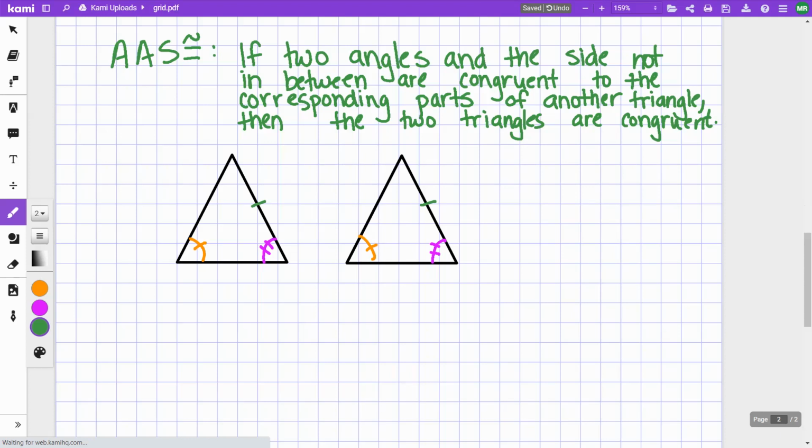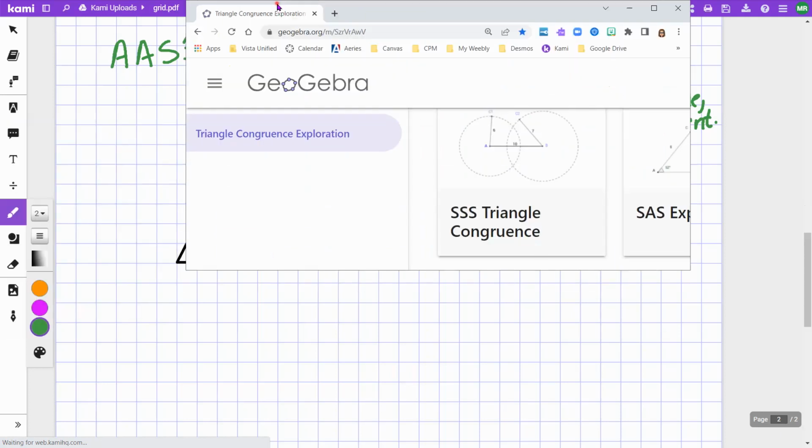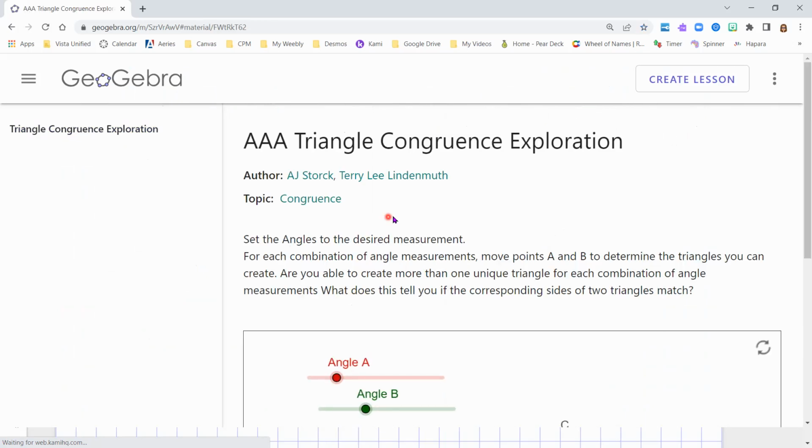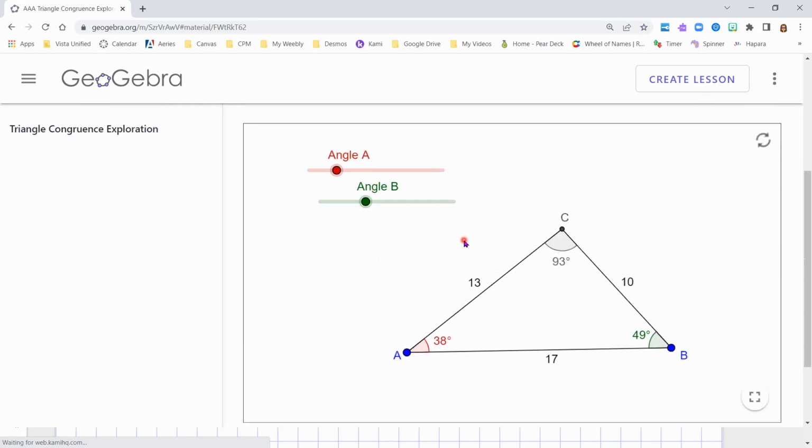Okay, the next one that I'm going to be looking at is angle, angle, angle. So if I have angle, angle, angle, where I know all three angles, okay? So I have a 38 degree, a 93 degree, and a 49 degree. You see right now I have a side that's a 13, 10, and a 17. But I can make this triangle bigger or smaller.